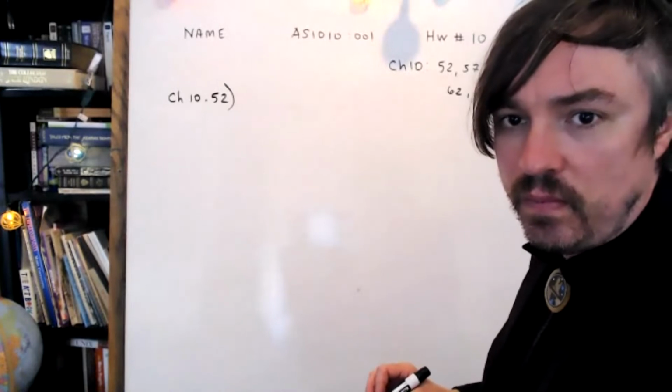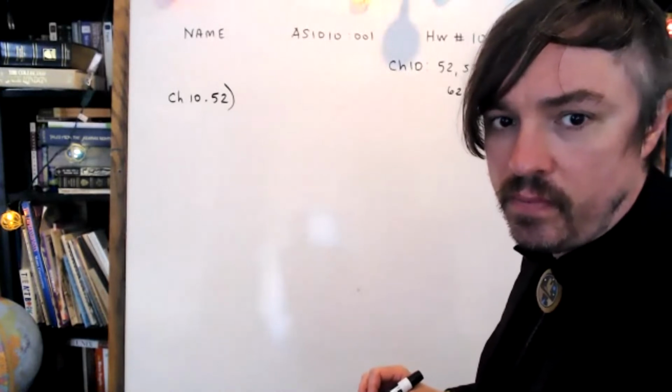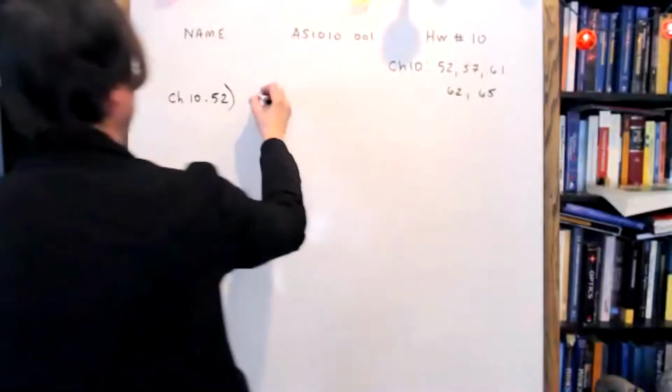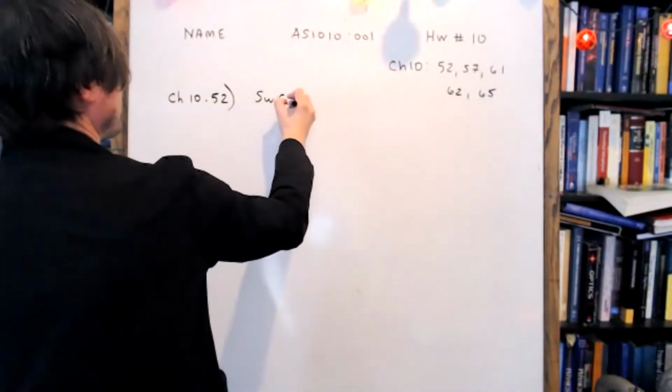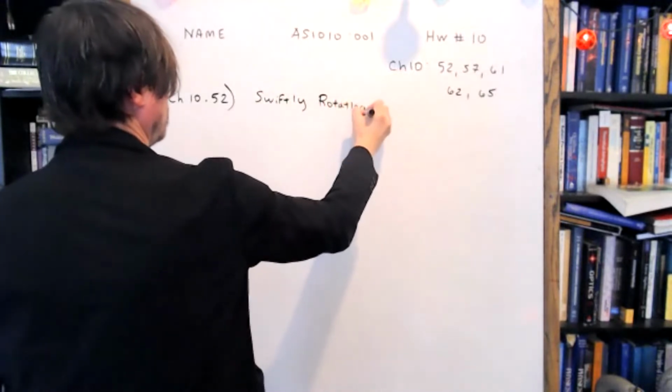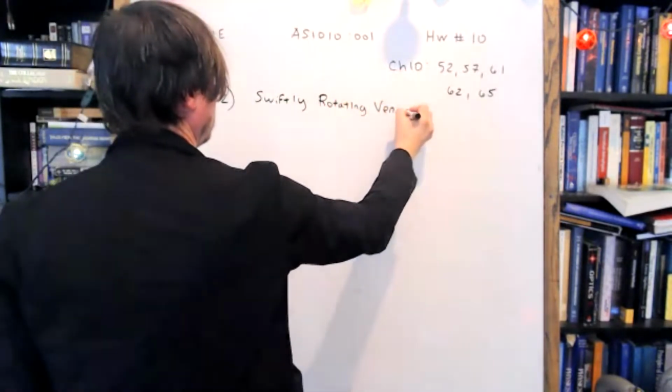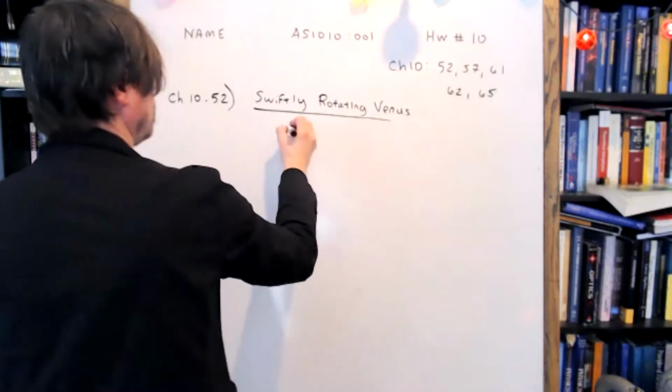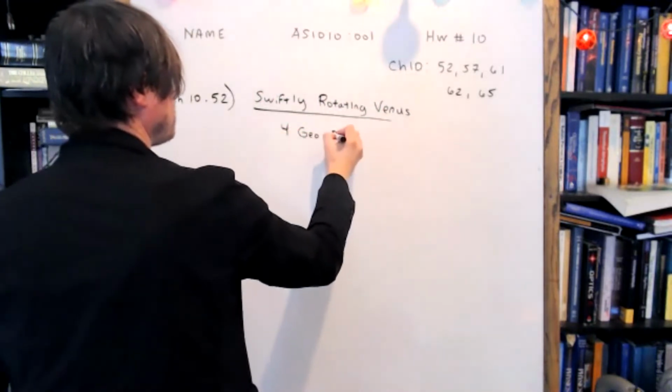52 says, a swiftly rotating Venus is the title. Suppose Venus rotated as rapidly as Earth. Briefly explain how and why you would expect it to be different in terms of each of the following: geological processes, atmospheric circulation, magnetic field, and climate history.